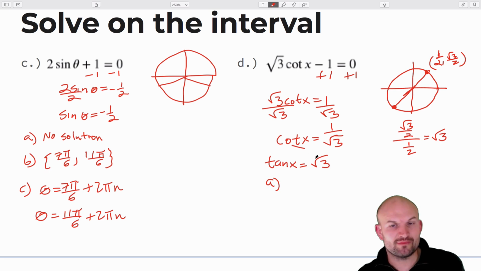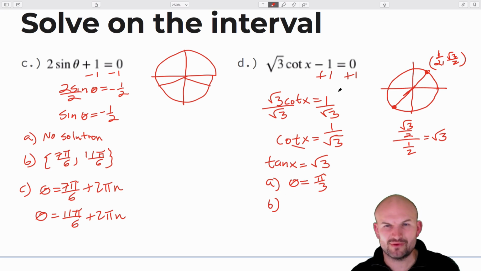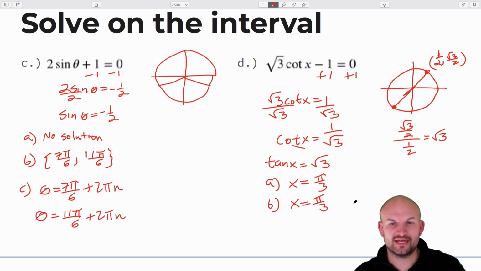As far as what my solutions are in the first and second quadrant, that's just going to be theta equals pi over 3. Why am I using theta? It's x. Sorry about that. I just used theta for all the rest of these. So the solutions to my equation for the unit circle are going to be x equals pi over 3 and 4 pi over 3.